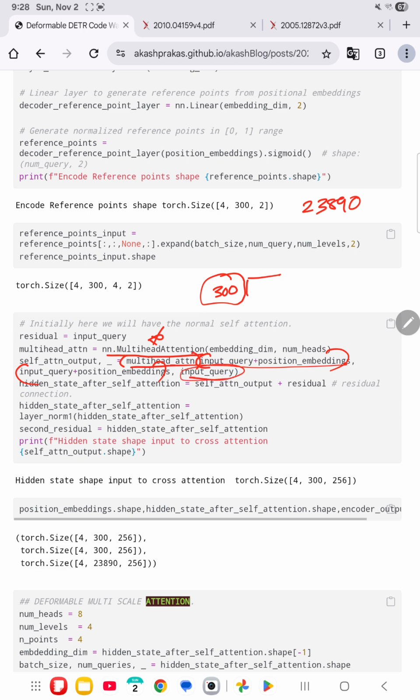The output of this self-attention will be used as an input to the next cross attention layer. If you remember, on the encoder side we had xy's as the center of the grid map, but here each query, unlike from the encoder side, doesn't correspond to an xy point on a grid map, so we cannot take the center as a query.